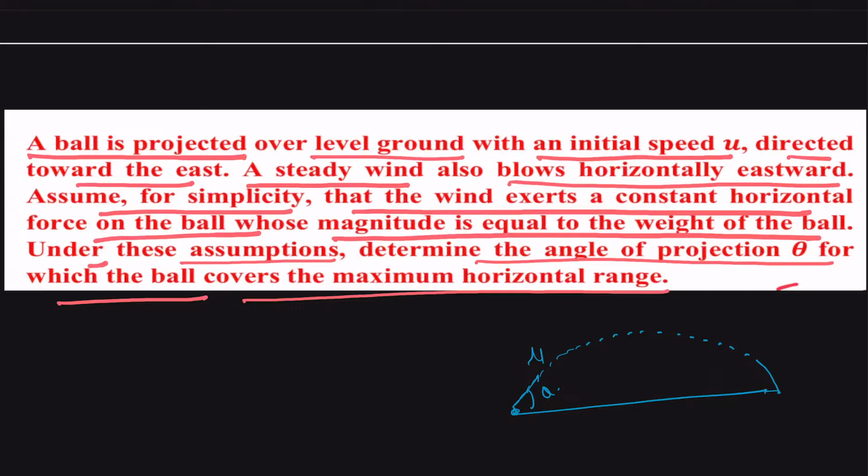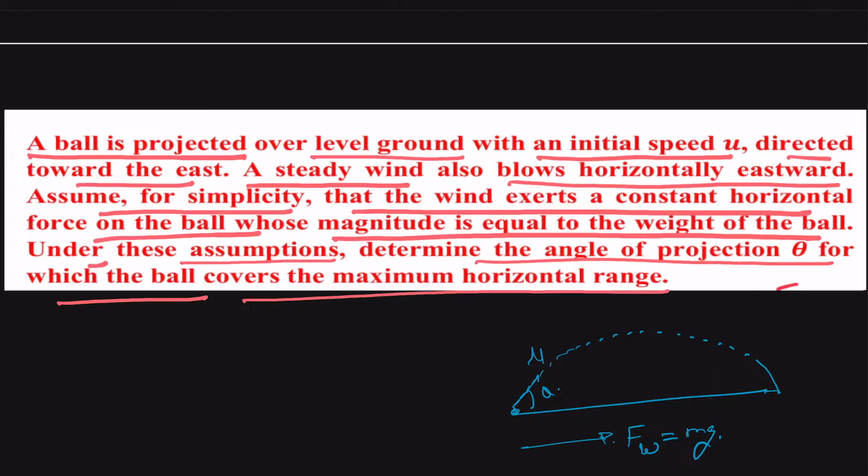And so it is also given that the wind is also flowing eastward. So both are in this. So the force because of the wind is equal to mg, that we already know.